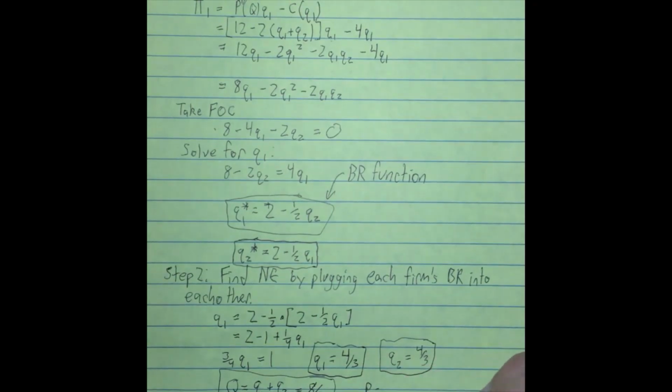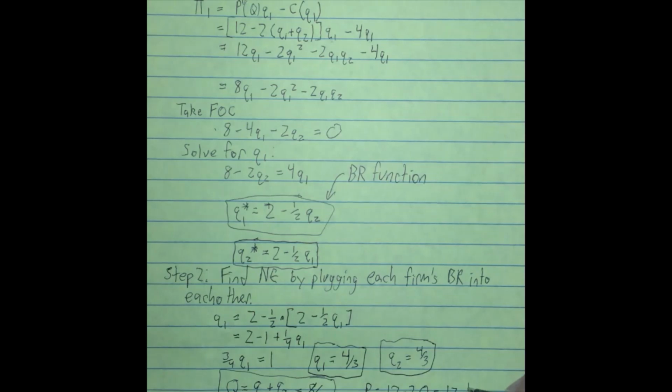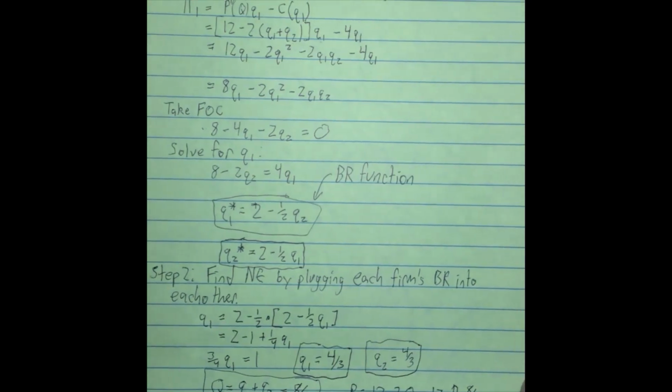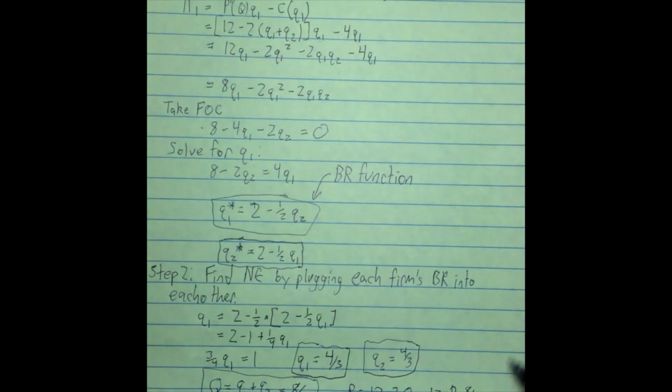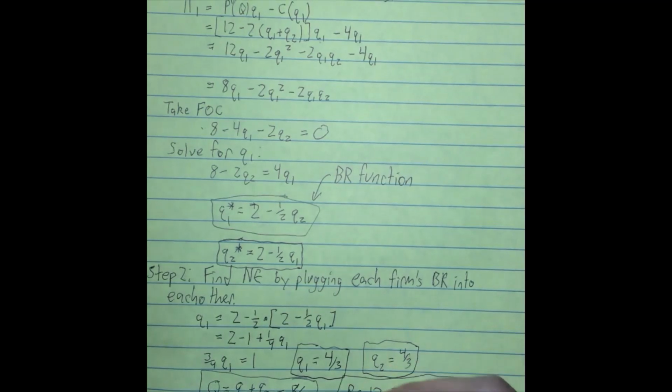And then the price is equal to 12 minus 2Q, which is 12 minus 16/3, or 20/3.